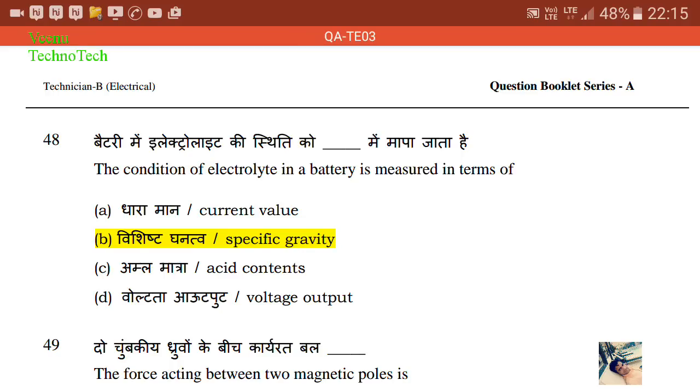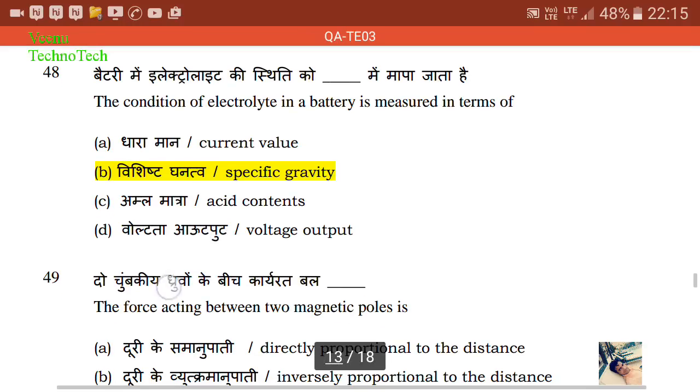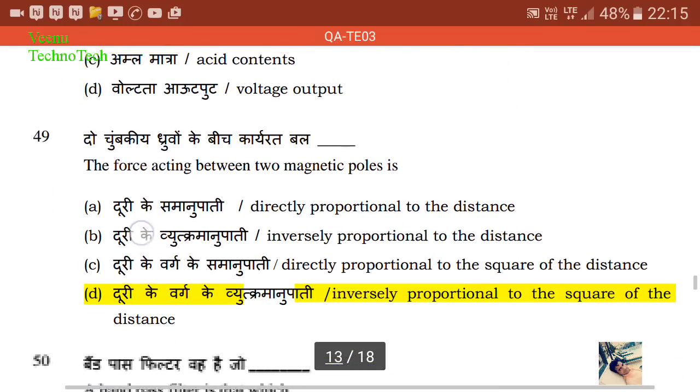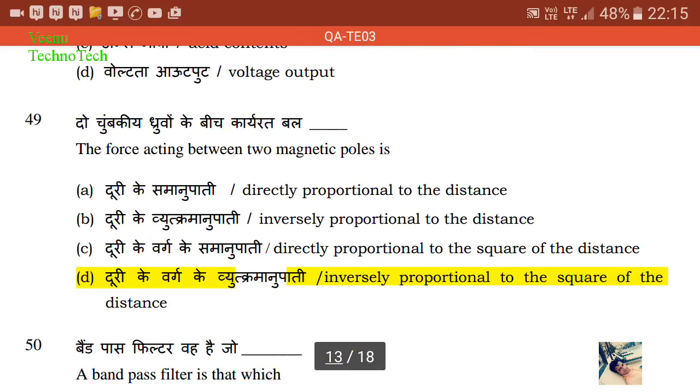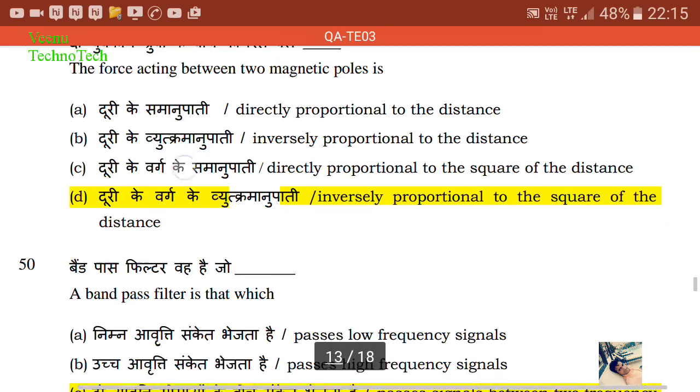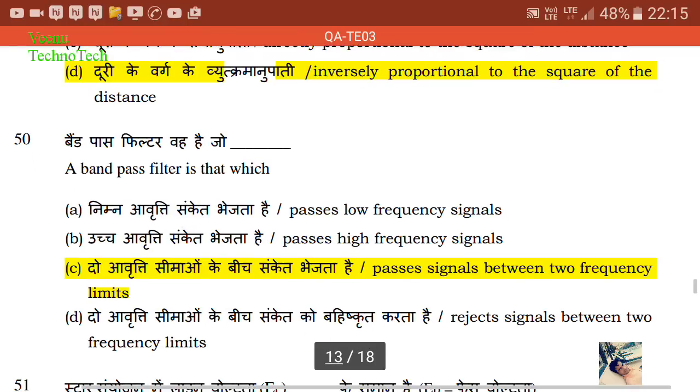The condition of electrolyte in a battery is measured in terms of specific density. Correct answer is B. Next, the force acting between two magnetic poles is inversely proportional to distance between them. Next, a bandpass filter is one which passes signal between two frequencies.